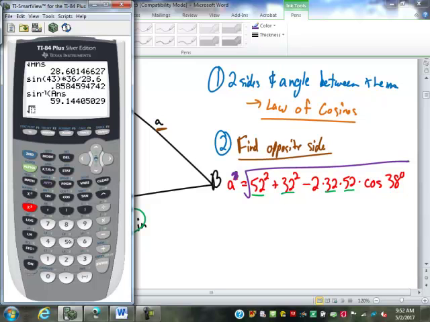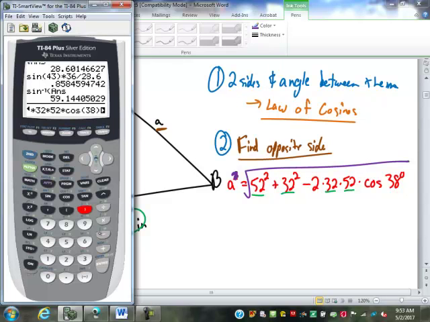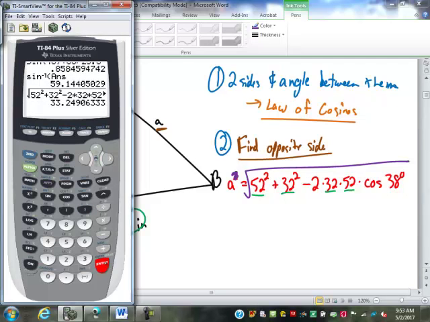So second square root, 52 squared plus 32 squared minus 2 times 32 times 52 times the cosine of 38. Make sure I close that parentheses. Some of your calculators, you'll have to hit a second close parentheses to close off the square root. It equals, I get 33.249, 33.25 for A.